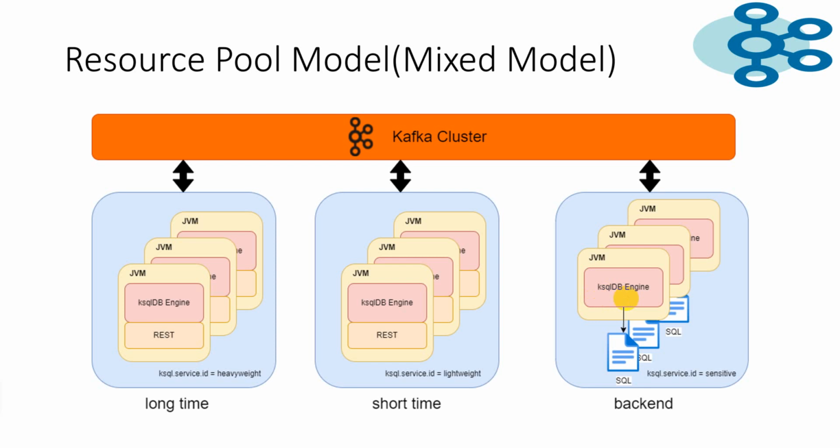We can deploy them by the headless approach, and we also give it another name, sensitive. So we can use the resource pool model or mixed model for different execution jobs or different purposes. Right. In this lecture I introduced how to deploy the ksqlDB cluster.